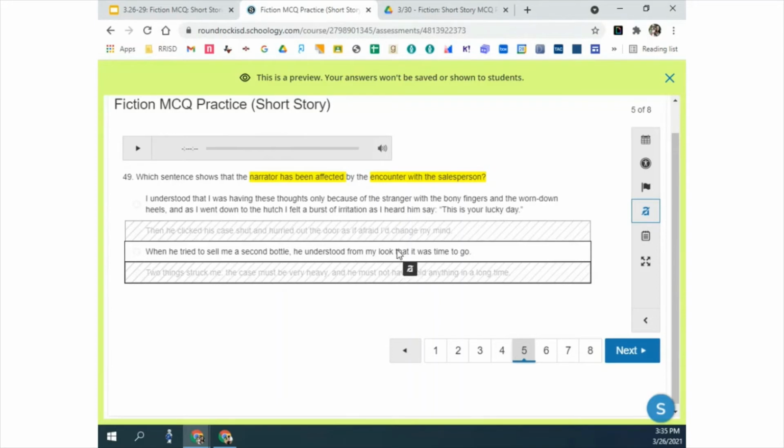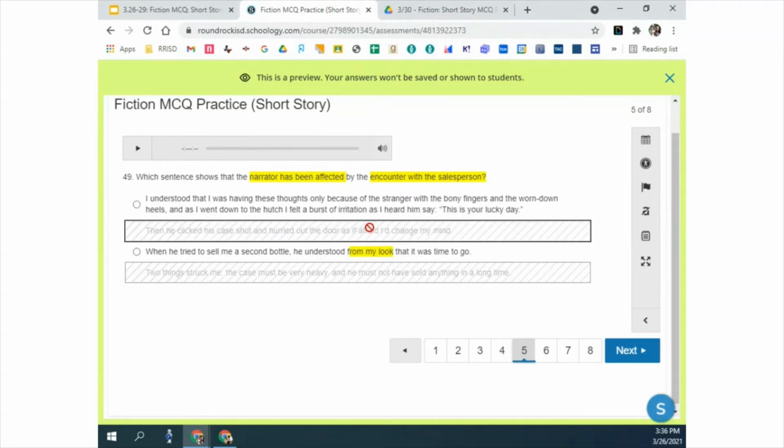So now we're torn between these 2, right? We have, I get it from here. There's a small interaction. When he tried to sell me the second bottle, he understood from my look. Okay. But for this one, it's saying the narrator has been affected. So that's just a small portion of it.